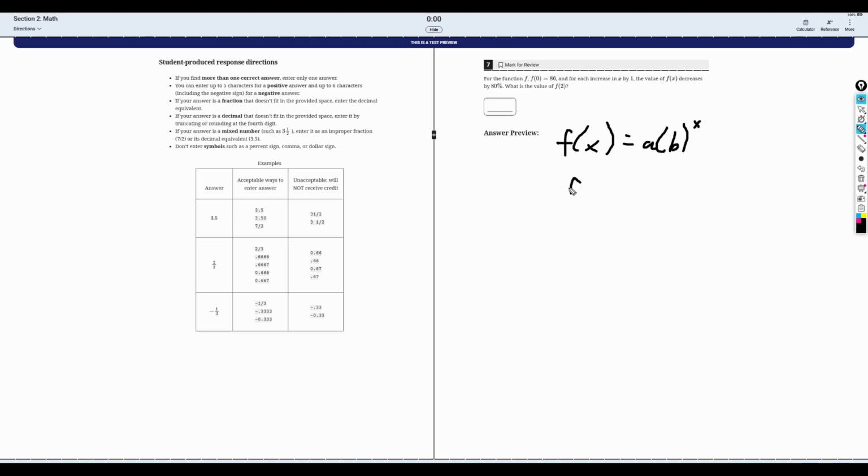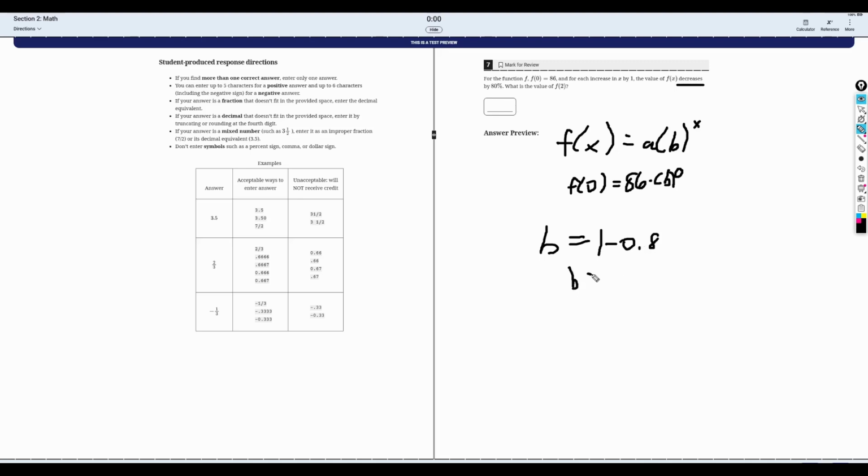So for f of 0, we have 86 times b to the 0 equals 86. So to find b, we just want to do 1 minus 0.8, because we are given each increase in x by 1, the value decreases by 80%, which can also be written as 0.8.